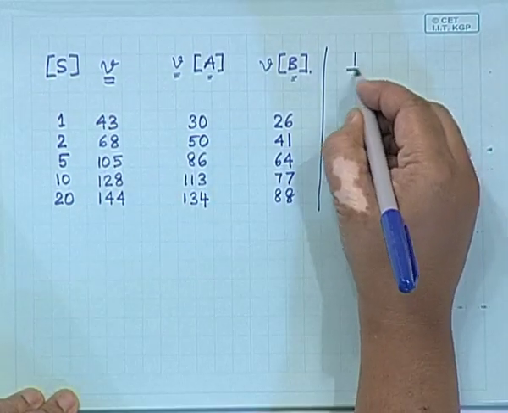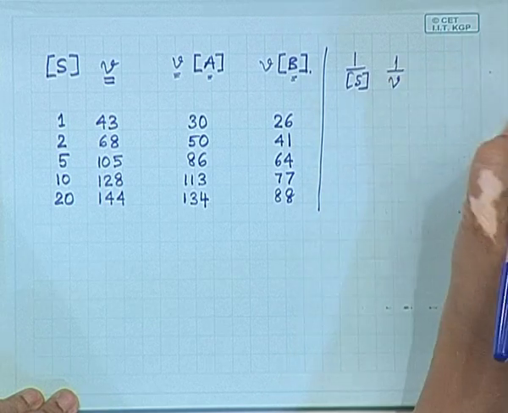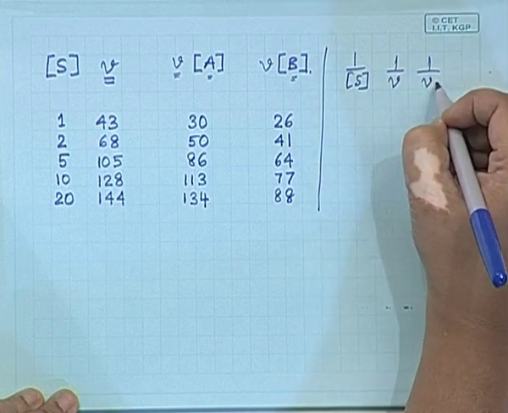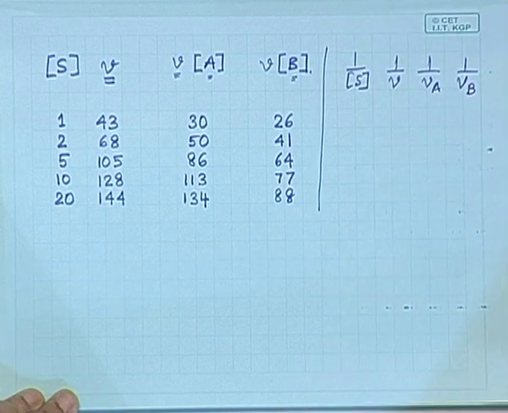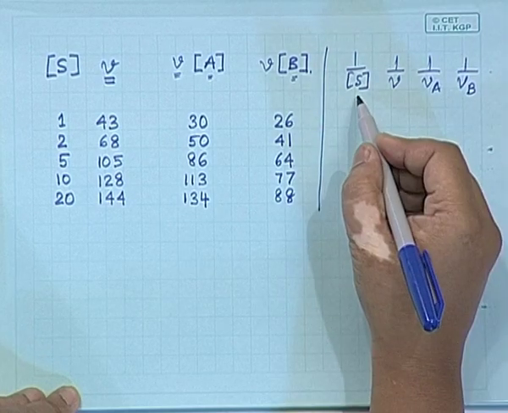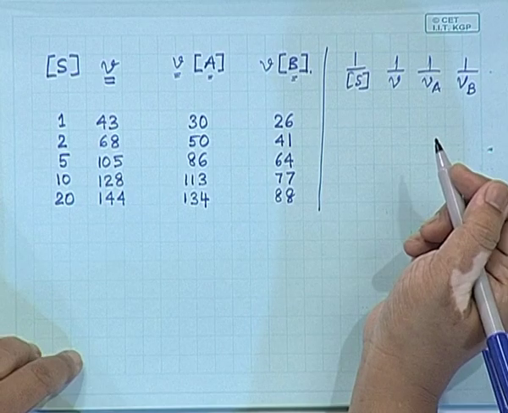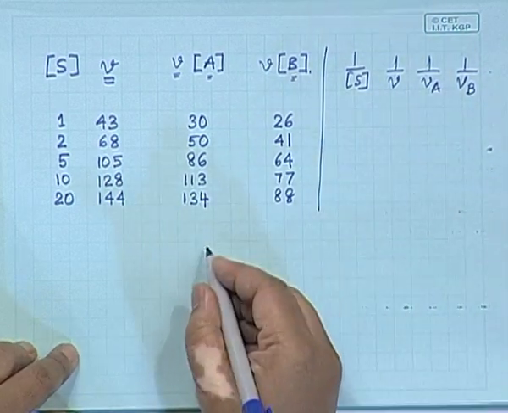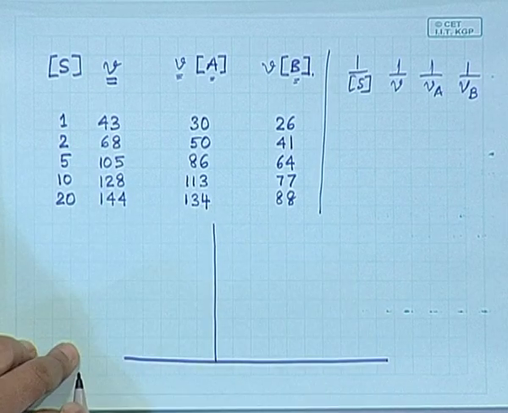I need 1 by S, 1 by V, 1 by VA, 1 by VB. So, from this plot we can determine what type of inhibition we have.